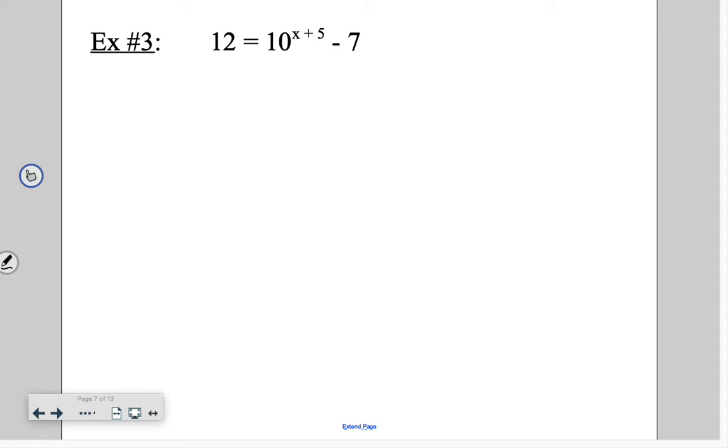Solve this exponential equation. Base by itself, change forms, solve.